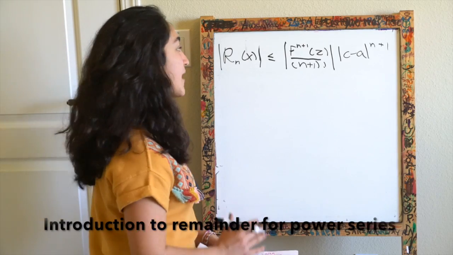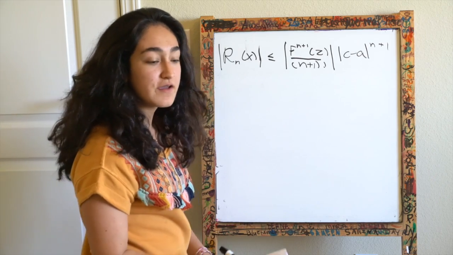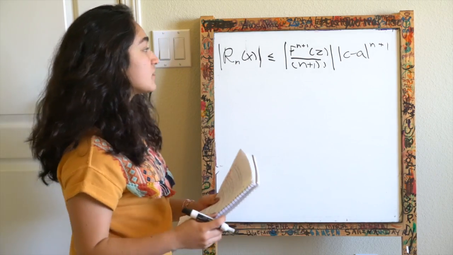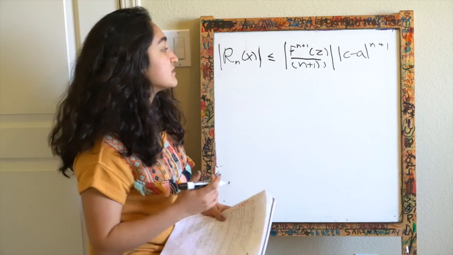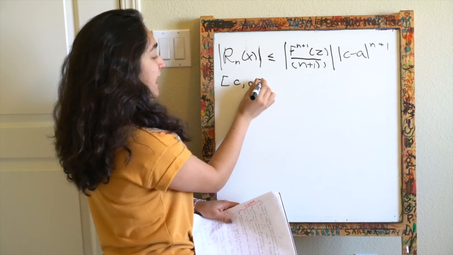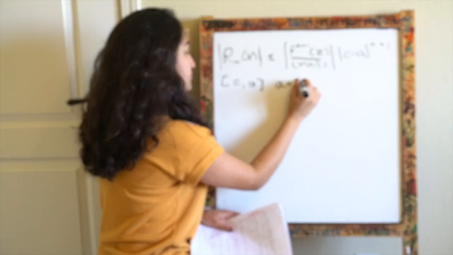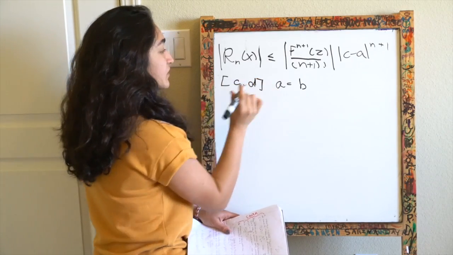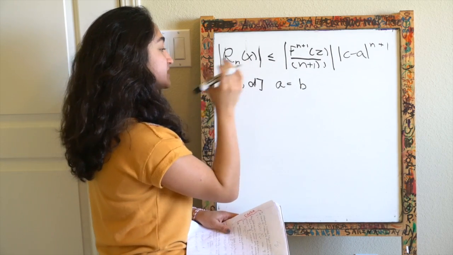So based on what we know about power series, we can use the formula as shown to find the error for that certain power series. If a question asks you to find the error for a certain power series, they will give you a certain interval, let's say from C to D, and they will say about a equals a certain value. Let's call it B. So we want to maximize this error as much as possible.